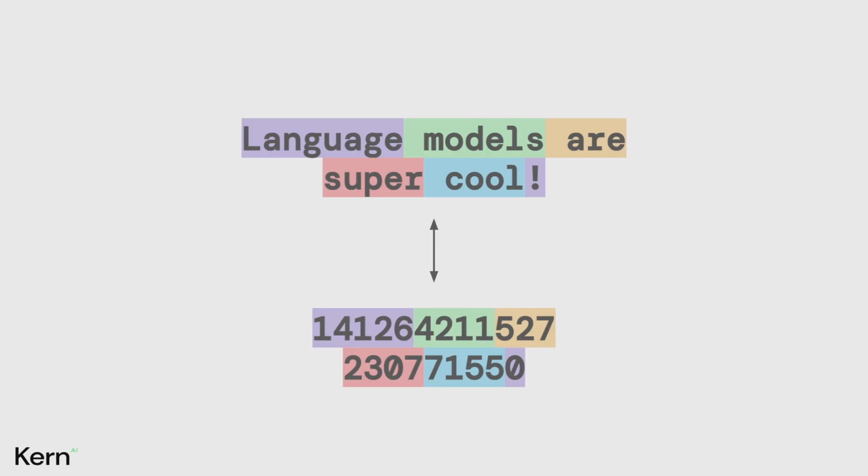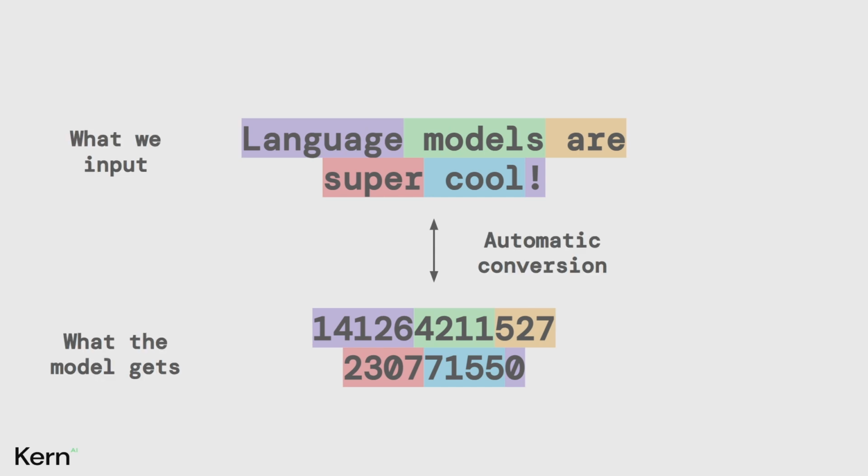We need these tokens because the artificial neural network of the language model can only process numbers, so using raw text would not work. In the background, however, these numerical values are automatically converted for us so that we can formulate our prompts as natural language and also see the output of the model as normal text.